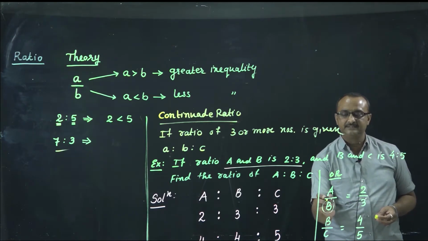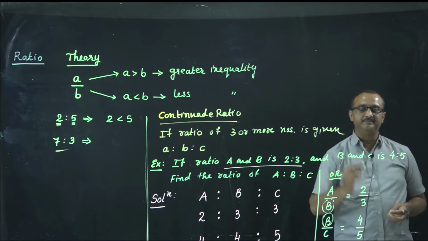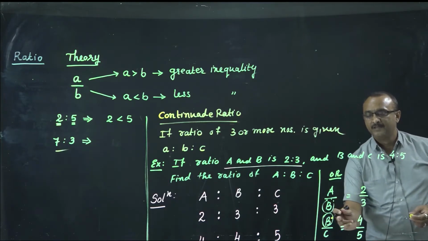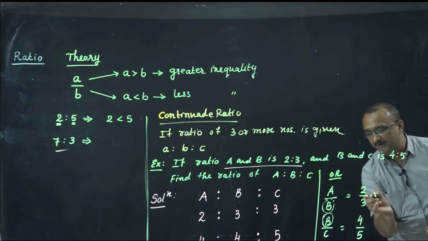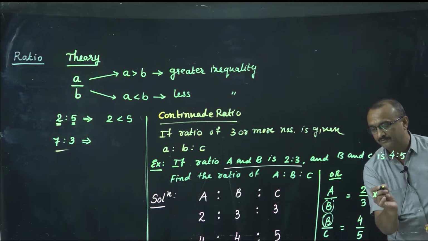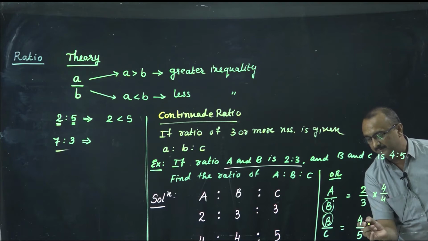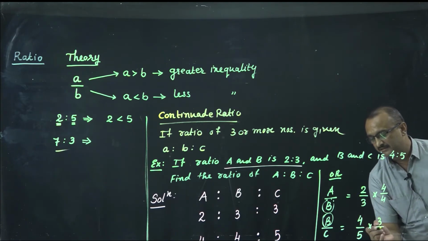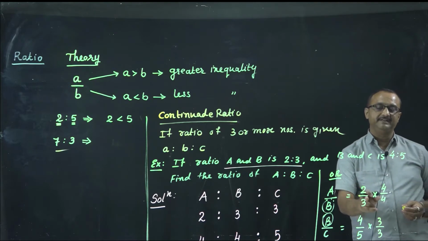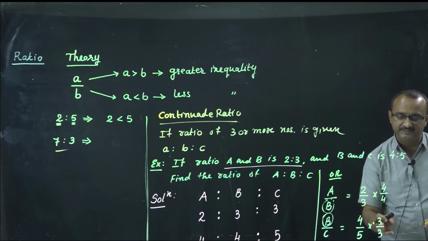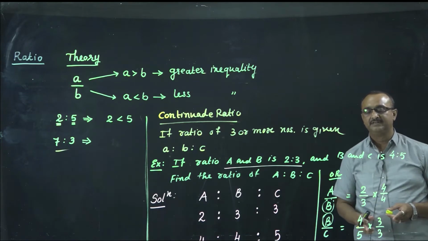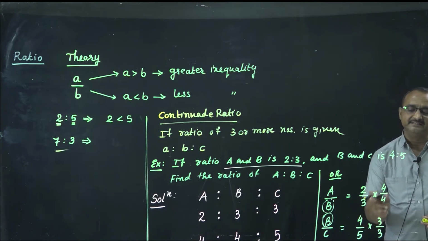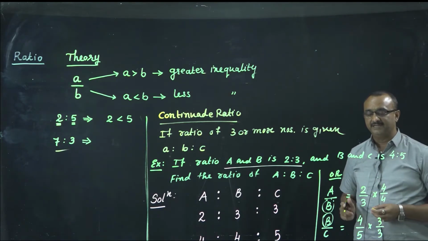The common number is B. Okay. B is repeated in both the quantities. So we have to multiply the above number by 4, and the below number, the second number, by 3. Okay. If 5 is given here, we have to multiply and divide by 5 this number. And if 7 is given here, we have to multiply and divide by 7.